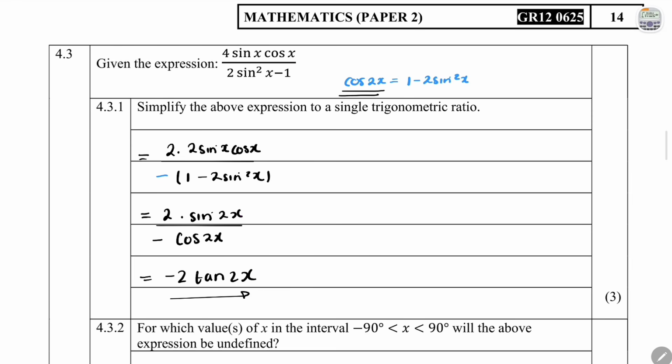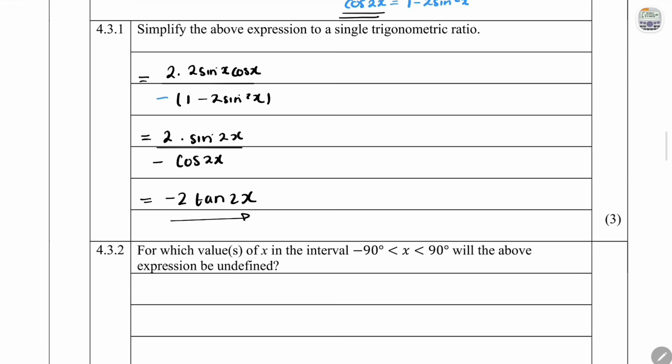Our expression's denominator is 2 sine squared x minus 1, and we can just say that is equal to 0. Along the line, we were able to simplify this to negative cos 2x. So regardless of whether you work with this one or this one, you will still get those same values because they are equal to each other.